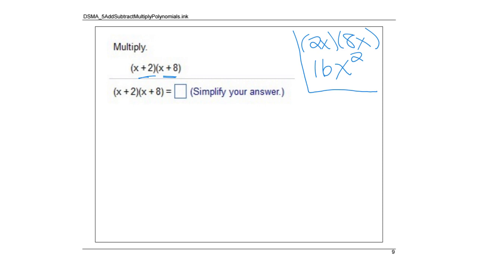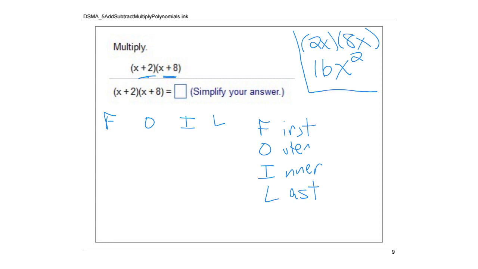And so what we do is what we call FOIL. If you go on to pre-calculus, don't tell them that we FOIL, but we do. Okay, so this is first, outer, inner, and last. First, we're going to take the two first terms, so that's x times x, plus.